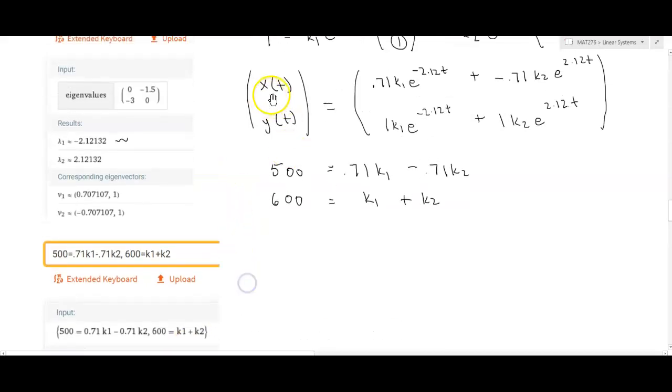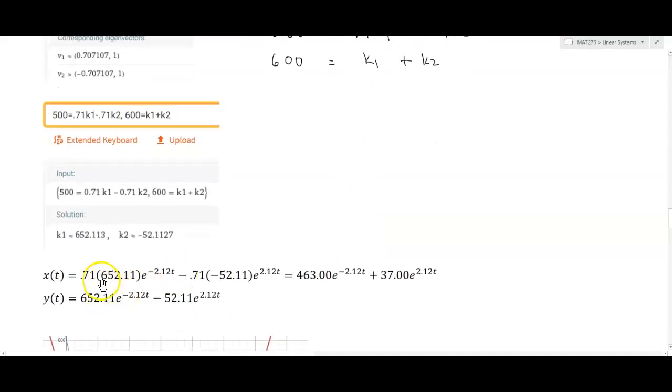Going back to our x of t, I'm going to replace k1 and k2 with their respective values. Same thing for y of t. So 0.71 times the 652.11 minus 0.71 times negative 52.11. I'll multiply those two pairs of factors together, which gives me 463 and 37.